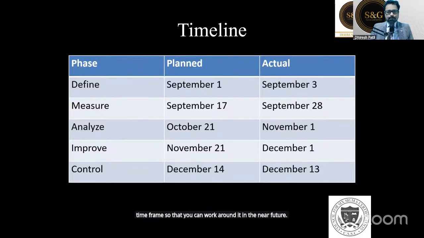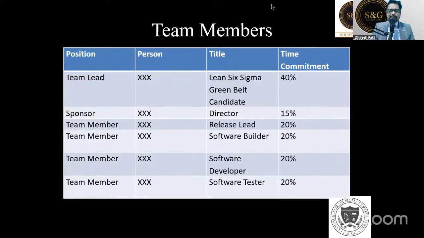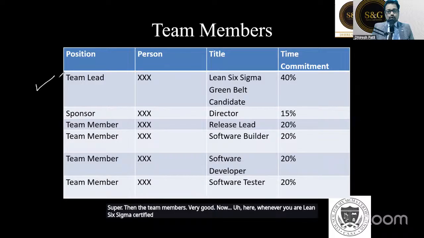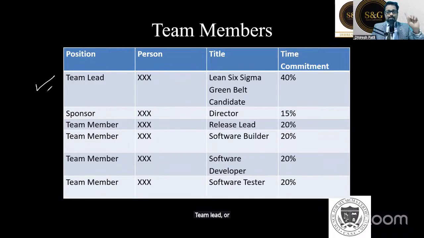Okay. Super. Then the team members. Very good. Now, whenever you are a Lean Six Sigma certified person, you become a team lead, team leader, team manager, or project leader, whatever you call it.